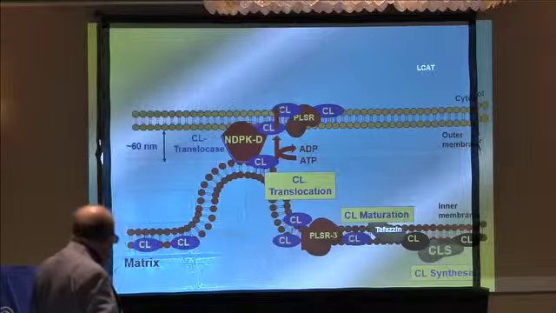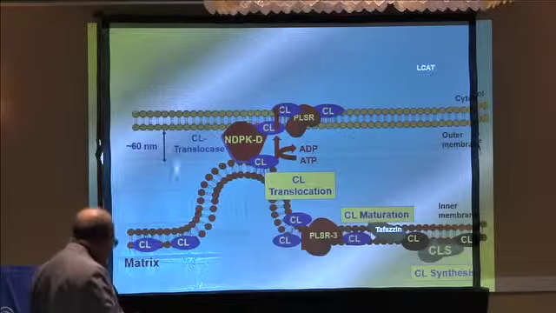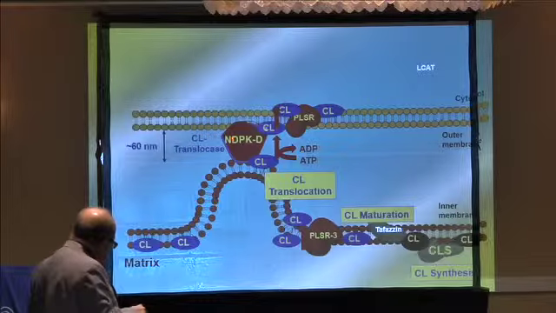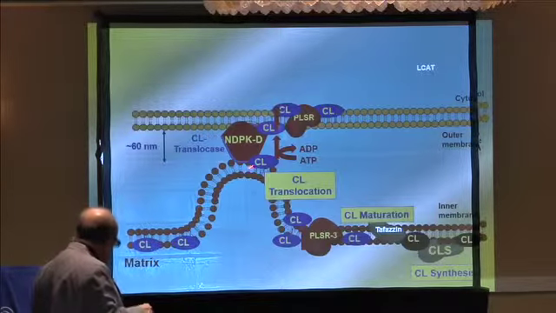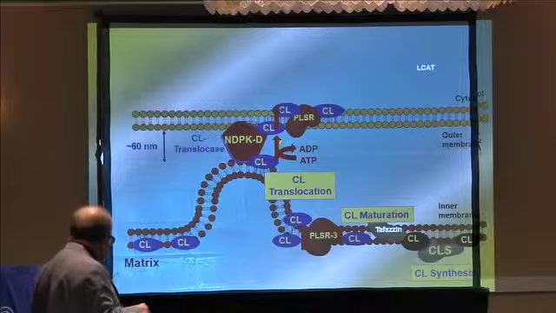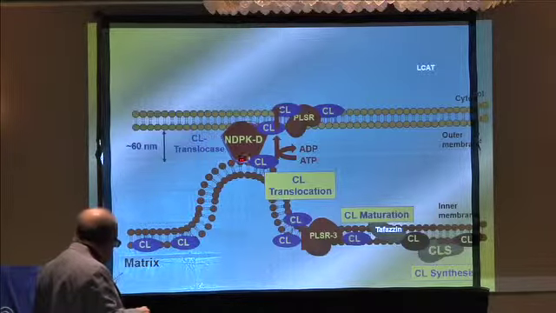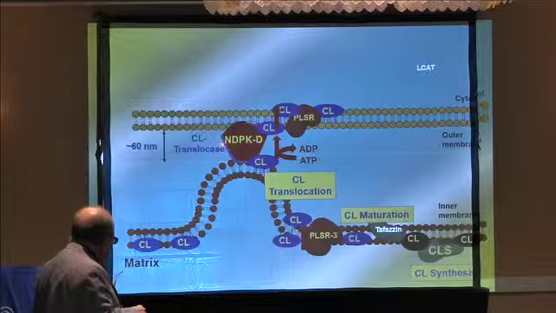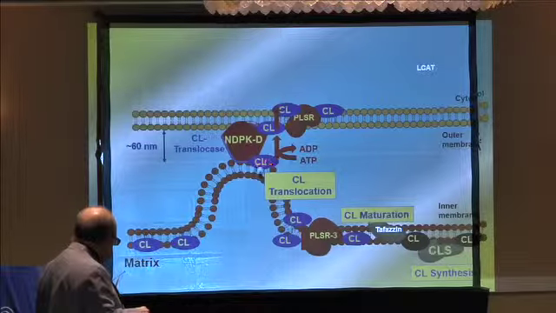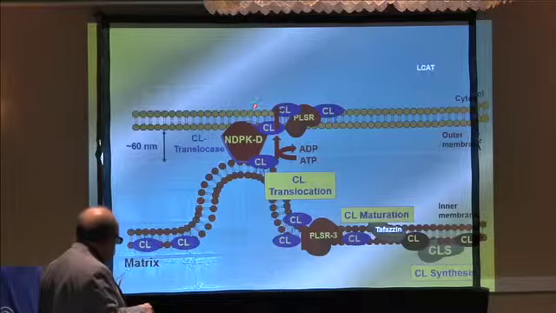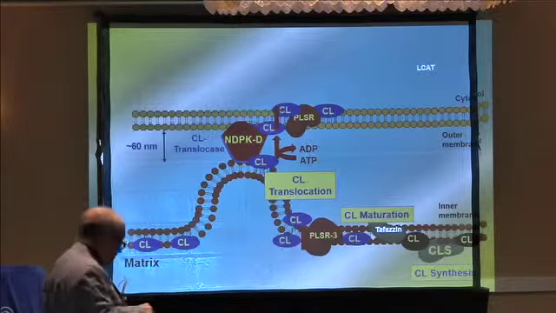So what do we know about it? Not really very much. Thanks to work that we have performed jointly with colleagues in France and Canada, we have identified at least one potential translocator of cardiolipin, shown here, nucleoside diphosphate kinase D, which can grab cardiolipin from the inner membrane and, rotating as a kind of rotary machine, transfer it to the outer mitochondrial membrane.